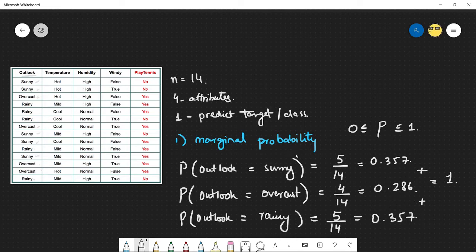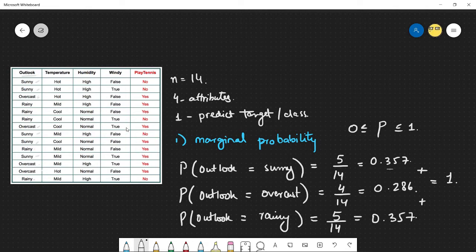We can also think of each attribute as a random variable whose value is governed by a probability distribution. Think of having a degree of belief that the variable will take on a specific value. If the probability here is 0.357, which is greater than zero, you're saying there is a chance that the outlook might be sunny based on this data set.